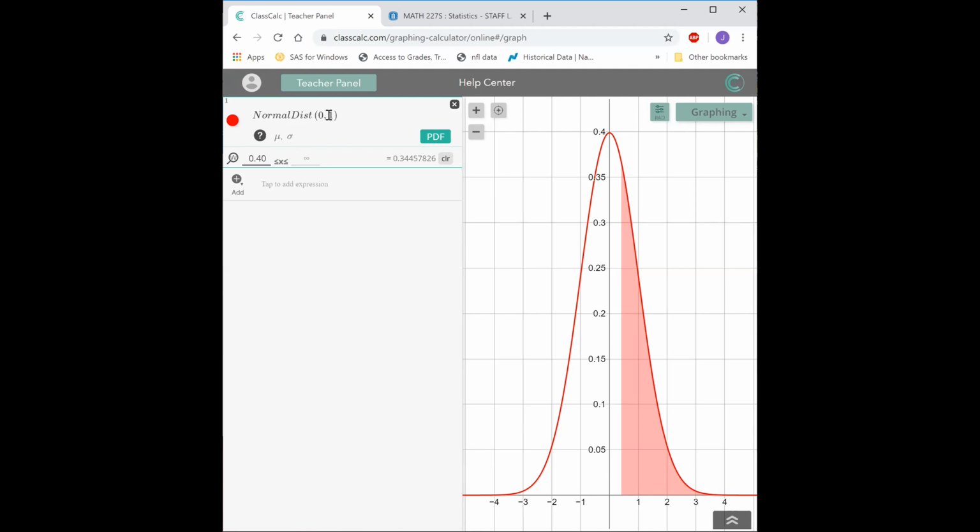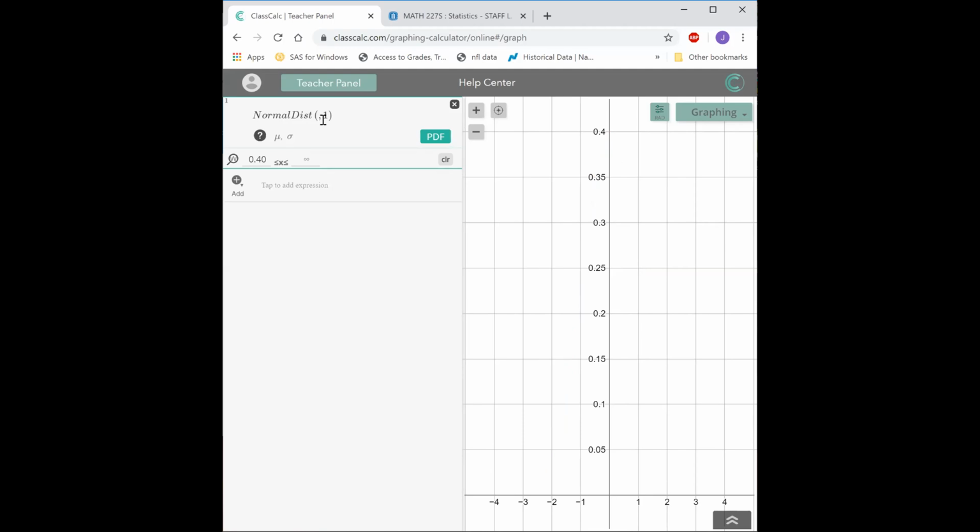On the class calc, we have to adjust the mean and the standard deviation, because now we're not saying the mean and standard deviation are 0 and 1. We're saying they are 35 and 5. So instead of putting a mean of 0, we'll put 35. Instead of putting a standard deviation of 1, we're going to put 5.